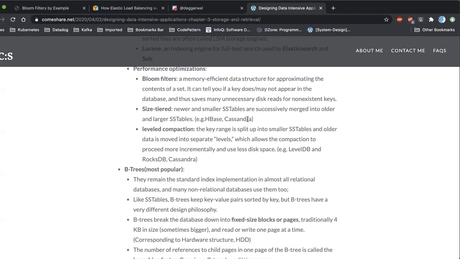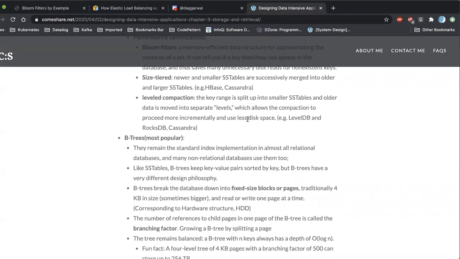How is it different from size-tiered compaction? Size-tiered seems pretty straightforward: compact the smaller ones, which allows not maintaining so many segments. I don't have much on it because this is what was given in the book. Does anybody else have anything, or should somebody research more and talk about it in the next session?